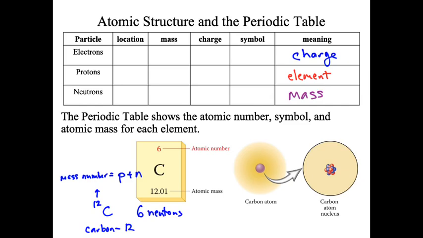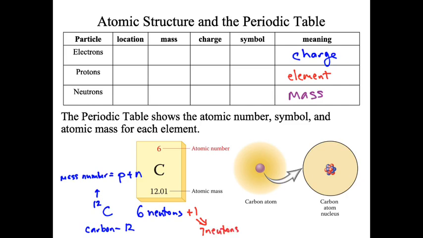Okay? What happens if I add another neutron? What changes to my symbol? Okay? 13 is a good statement. We'd have a different number of neutrons. We'd now have 7 neutrons.